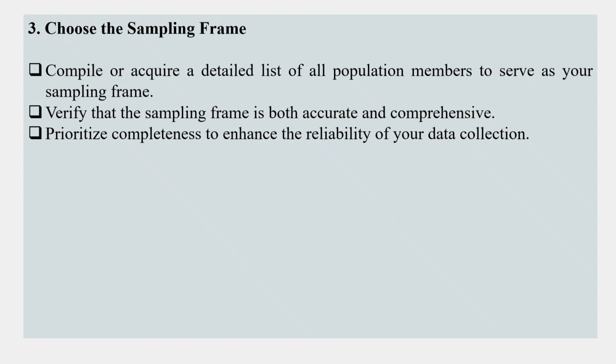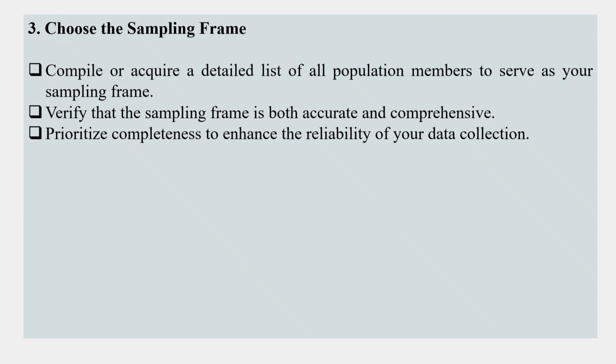Ensure the accuracy. The sampling frame must be correct and current to avoid including irrelevant individuals or missing key ones. I repeat, it should be both correct and current so that you can avoid including irrelevant individuals or missing the key ones.